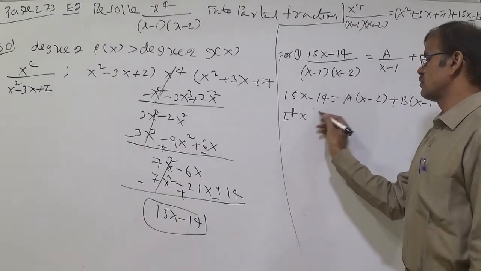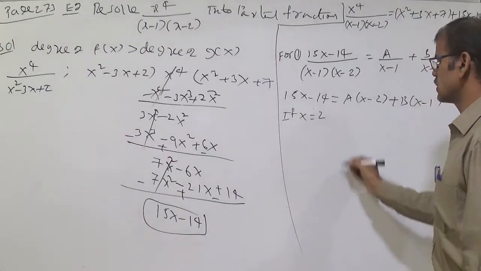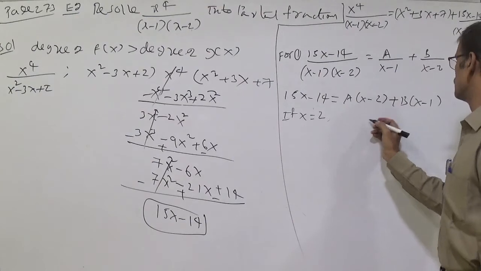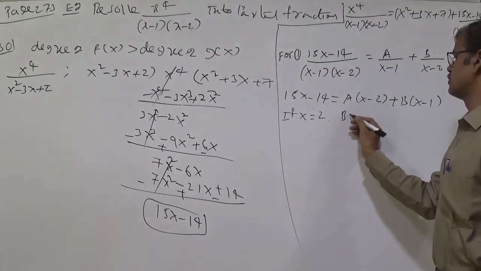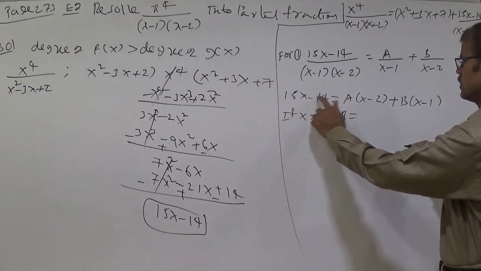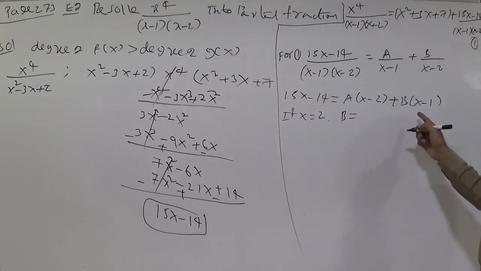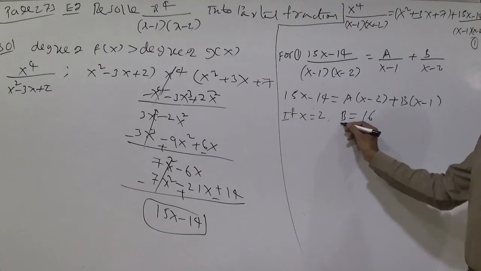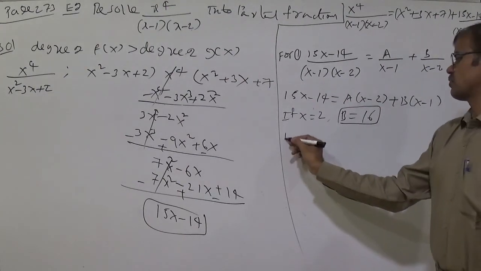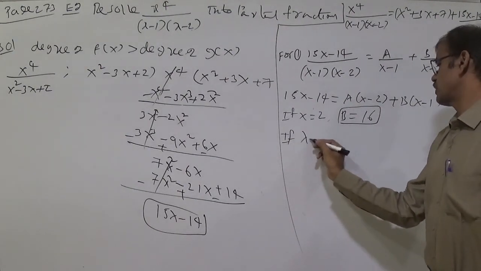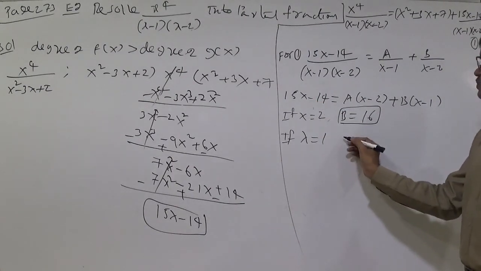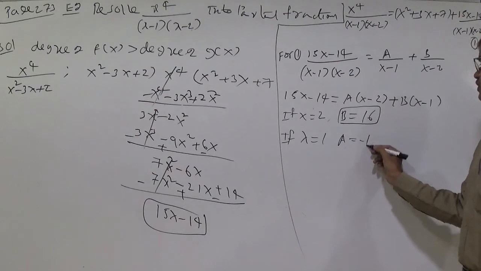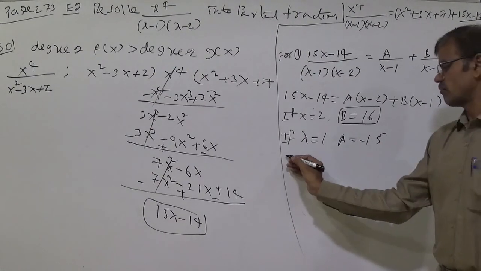If x is equal to 2, 15 twos are 30, minus 14 is 16. So this is b, so b is equal to 16. If x is equal to 1, 15 minus 14 is 1, so a is equal to minus 1.